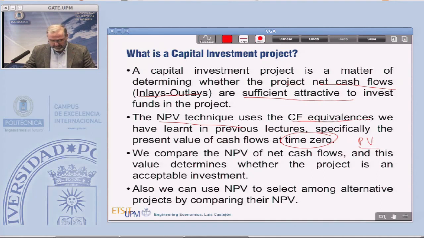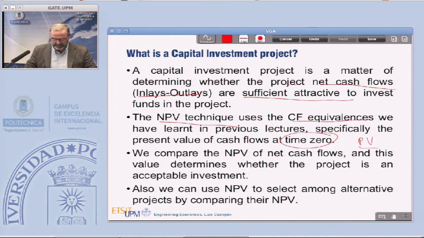And if we compare the net present values of those net cash flows of different projects, we can choose and we can order among them. So it's important to use the net present value technique for that, to select among alternative investment projects.